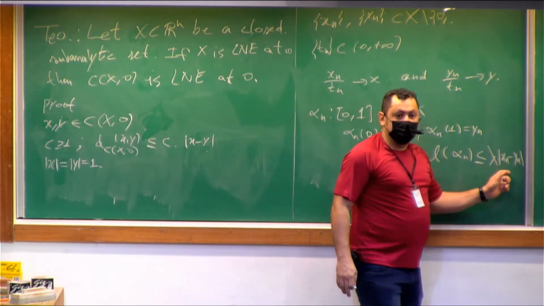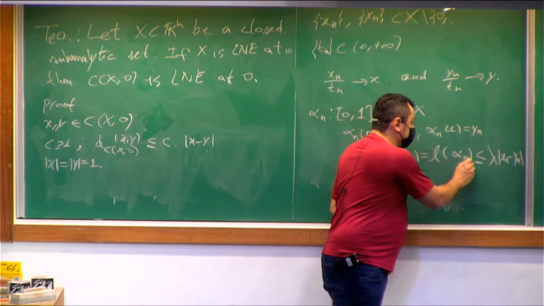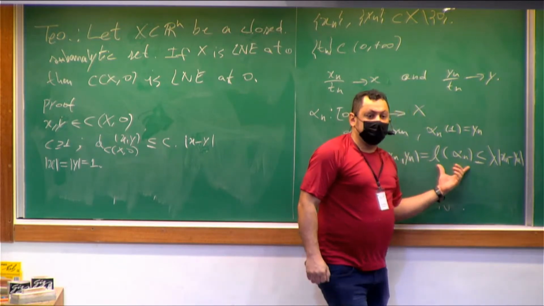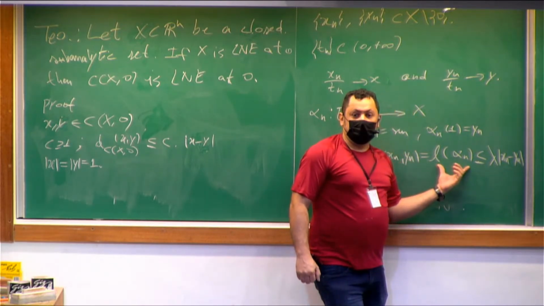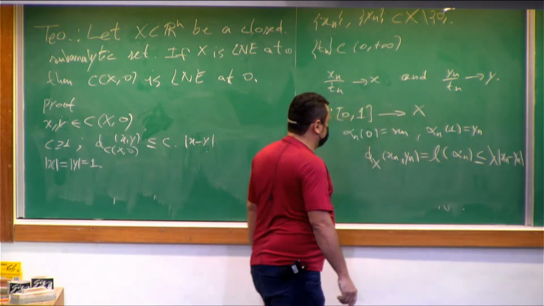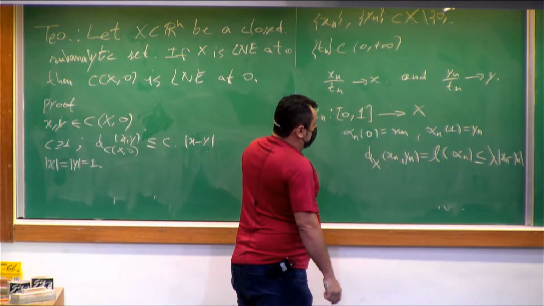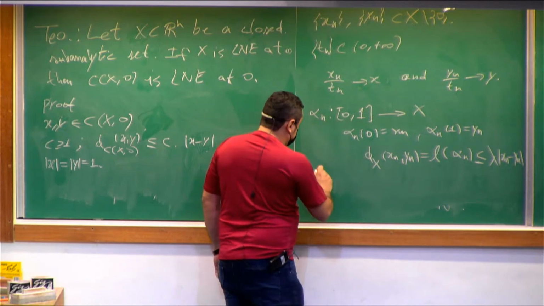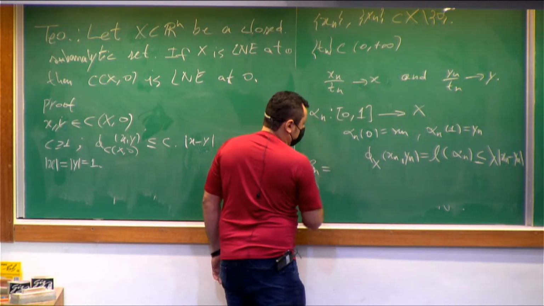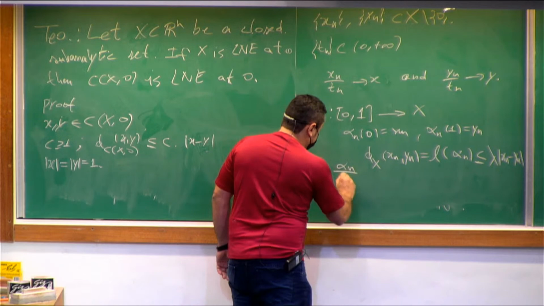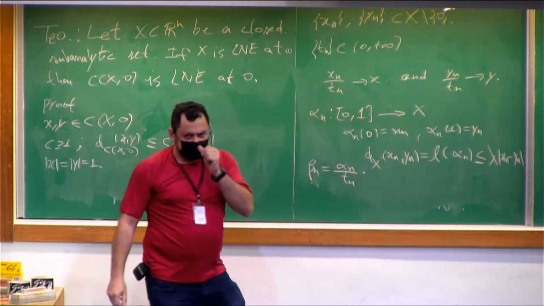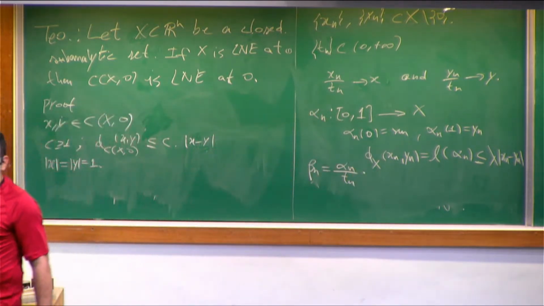So if you divide by t_n here, this is a bounded sequence. So we can define beta_n to be alpha_n over t_n, another curve.